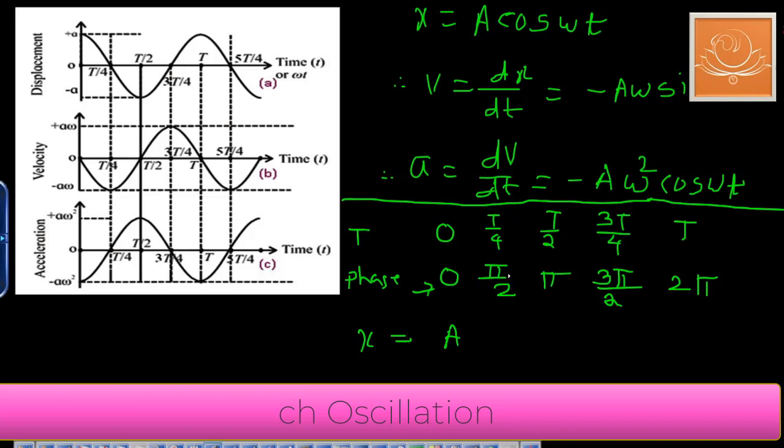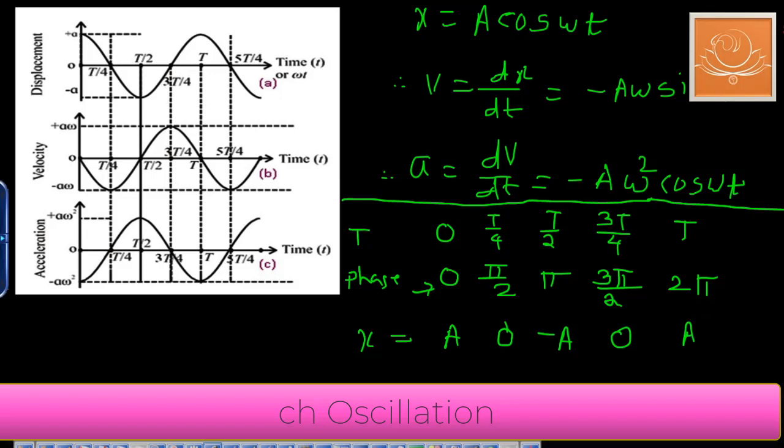At phase equal to pi by 2, displacement is 0. At phase equal to pi, displacement is minus a, and at phase equal to 3 pi by 2, displacement is again equal to 0. After a time period equal to T, displacement is again equal to plus a.